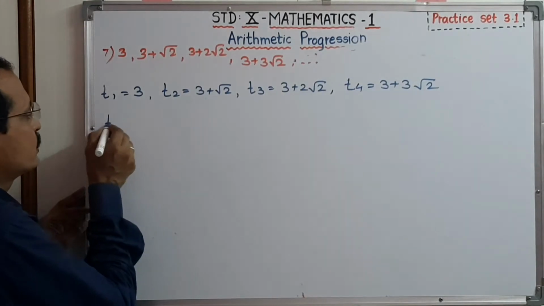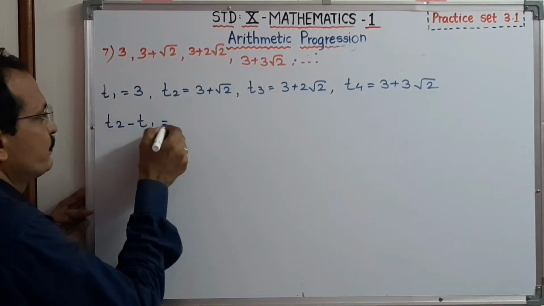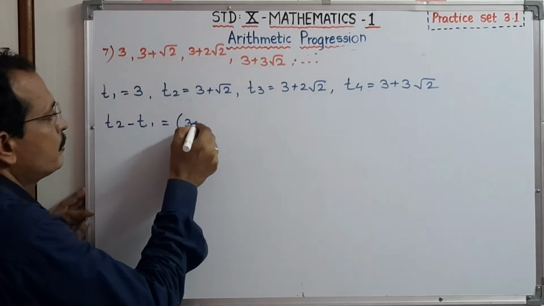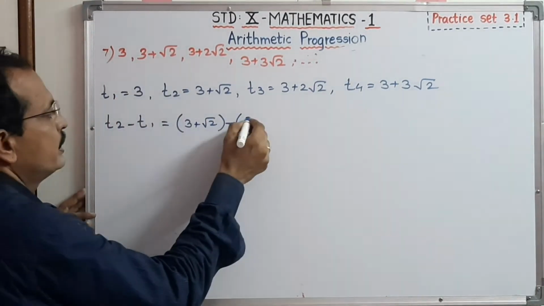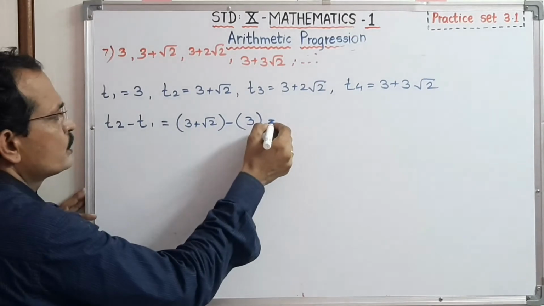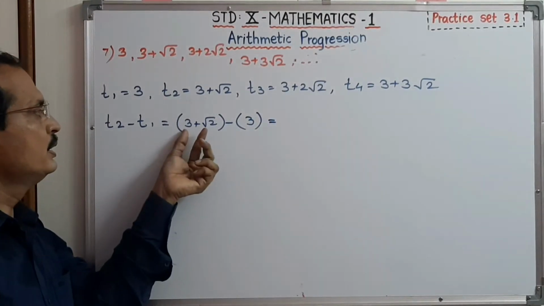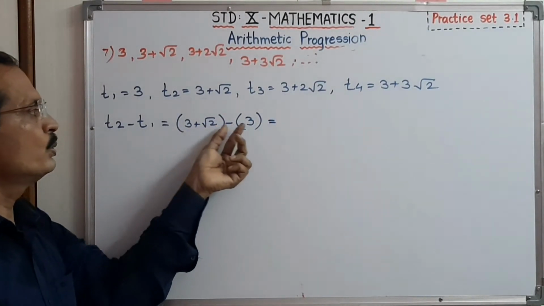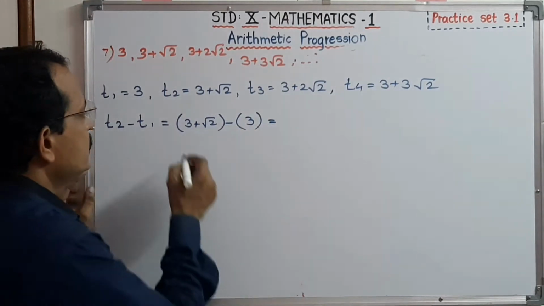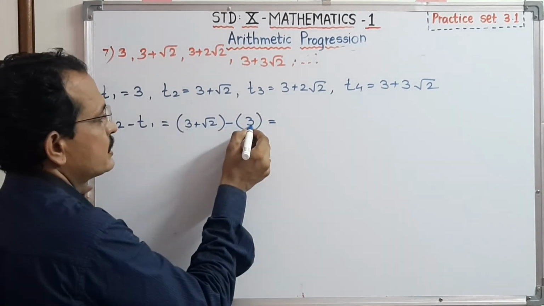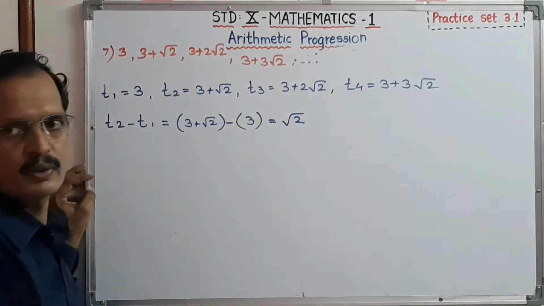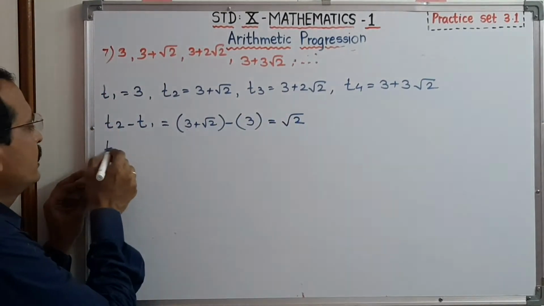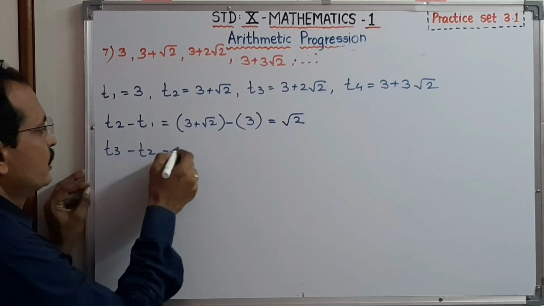For that purpose, T2 minus T1. T2 is 3 plus root 2 minus T1, which is 3. Now see here, 3 plus root 2 minus 3. Here it is 3 and this minus 3 will be 0 and the answer is root 2. Now see here, T3 minus T2.